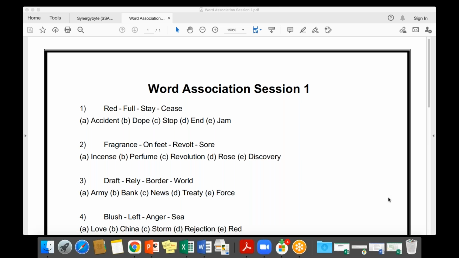Coming to the word bank, should I reject the word bank or should I keep it? Why are we rejecting the word bank? With which word does the word bank not go?